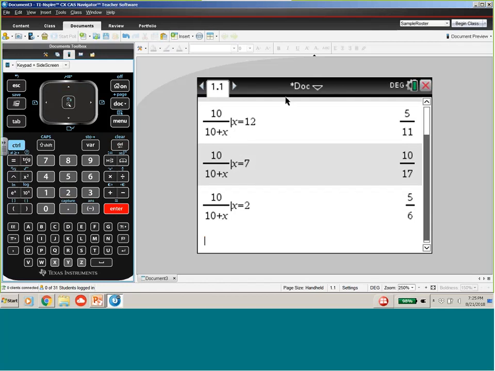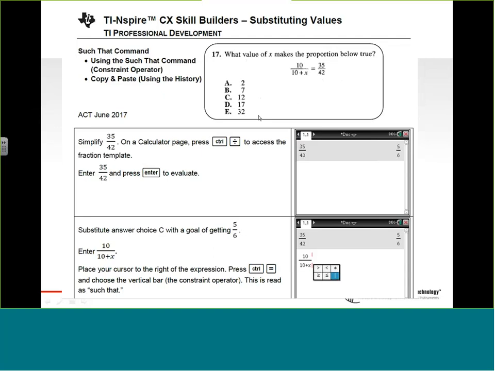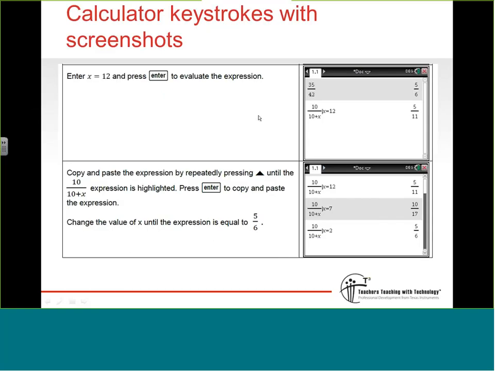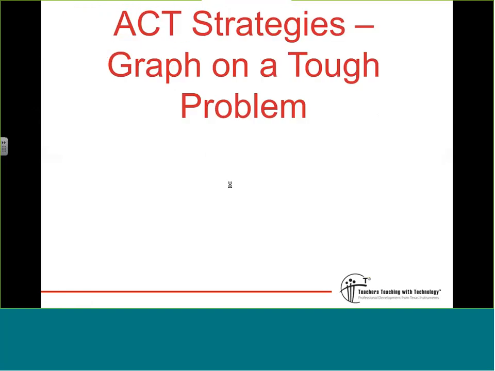So 5/6 is equal to the ratio 35/42. I love being able to just change the value of x without having to go back and edit the expression, and that is just really handy to me. Again, these steps have all the screenshots and steps to go along with them when we teach our students or teachers how to do that.